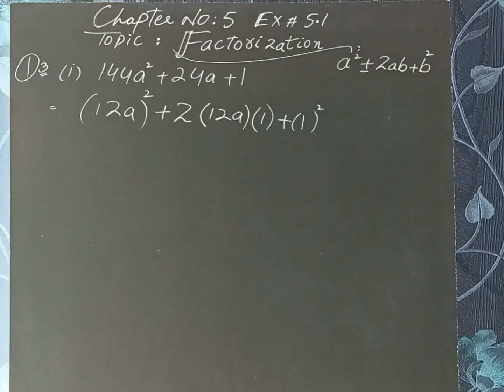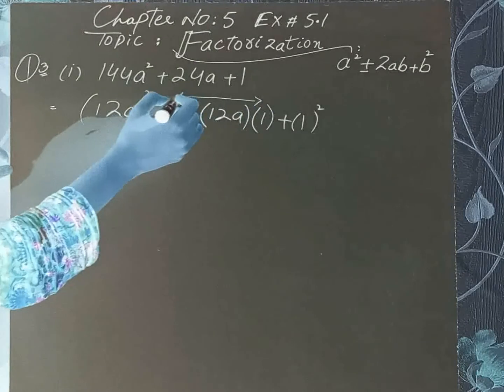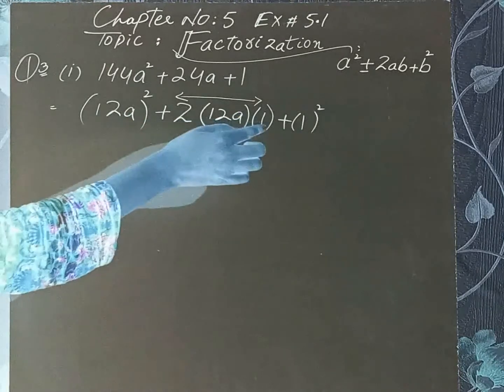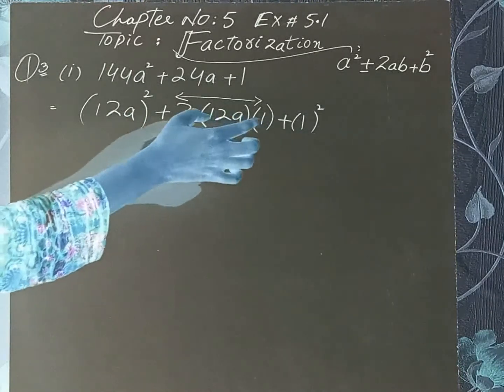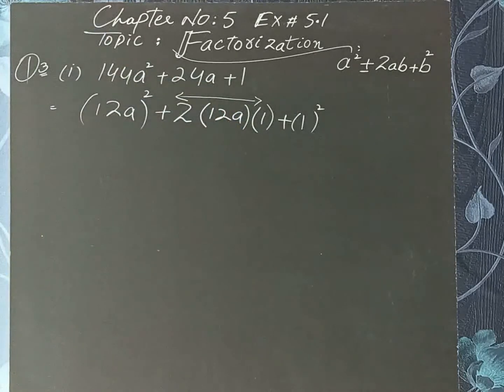But the next thing we have to check is whether we can use this formula or not. After multiplying these three, we should get this middle term: 2 times 12 is 24, times 1, 24a. It means after the multiplication of these three, we get 24a. It means we can apply this formula.